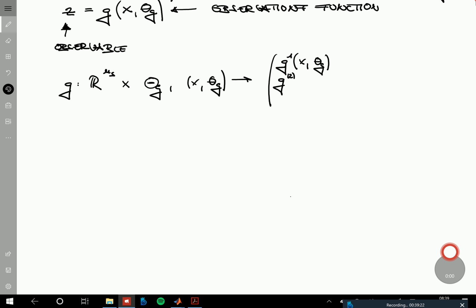So there are a number-of-regions observation functions.